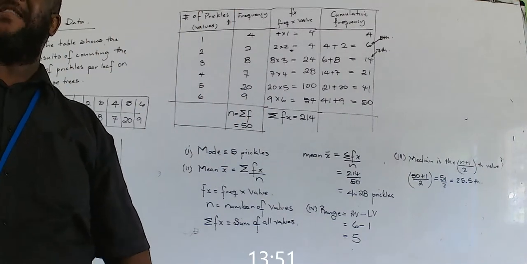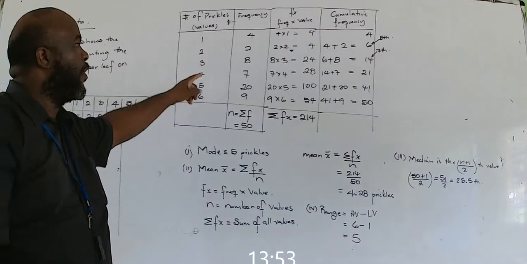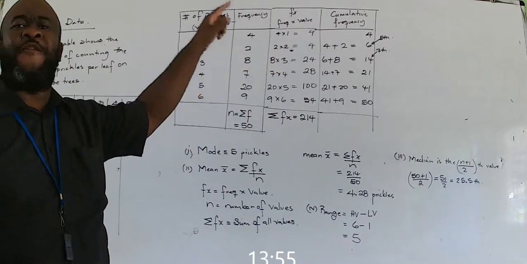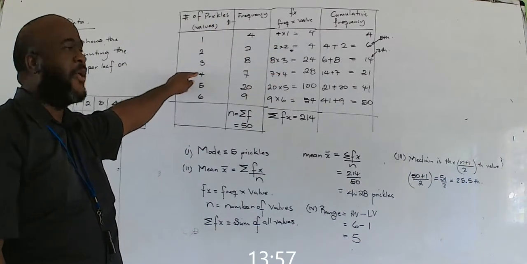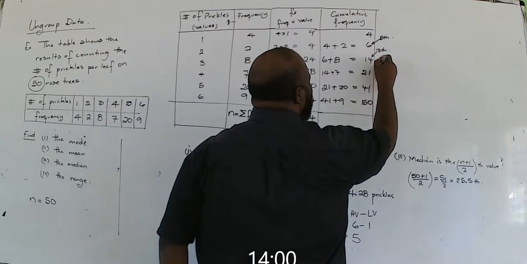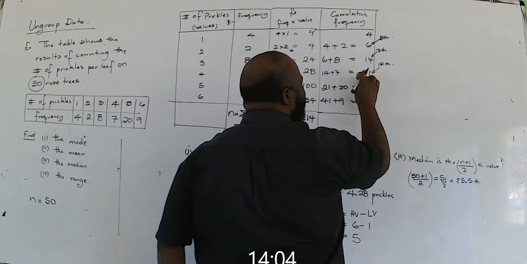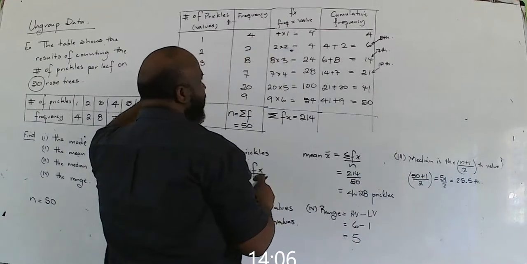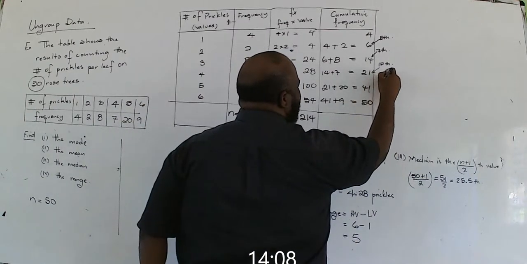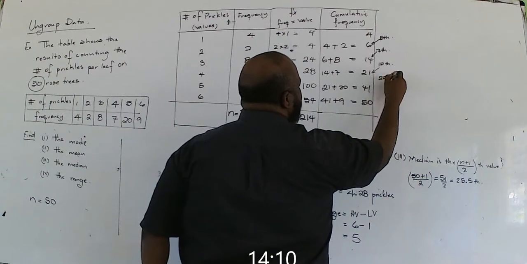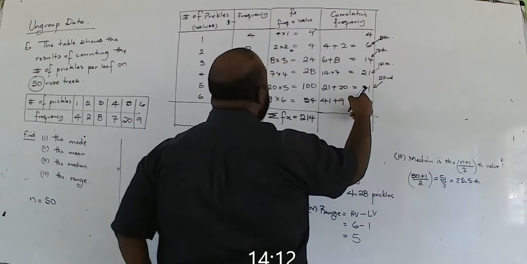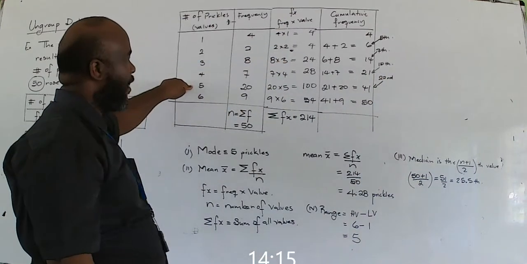The 5th and the 6th numbers are 2. The 7th to the 14th number is 3. The 15th to the 21st number is 4. Then the 22nd to the 41st number is 5.